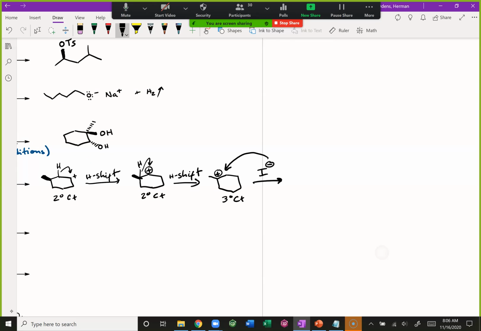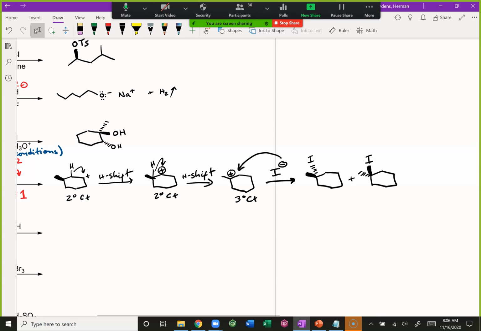These are your choices. Up and down. Down and up, iodine here. And then 2 more for this one and 2 more for that one.